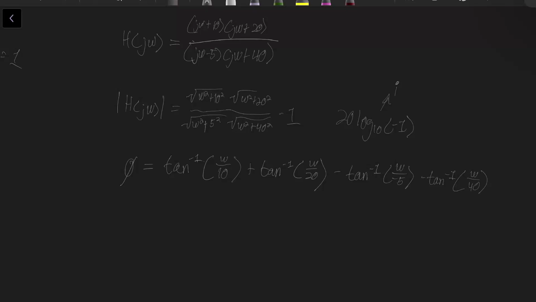I believe that would give you the same answer. Let me double check. I believe tangent is symmetrical like that. You just take the -5 out of the equation, right? Yeah, it's symmetrical, so you could make it a plus inverse tangent of omega over 5. It would be the same. Okay, thank you.